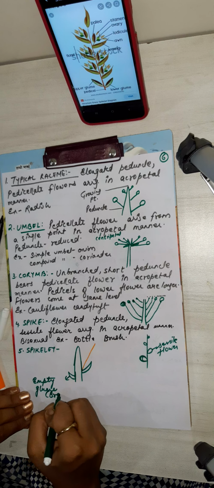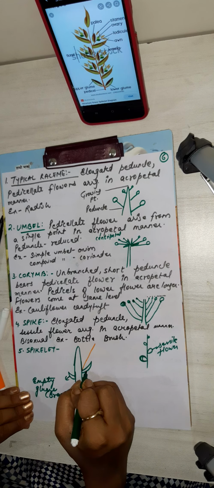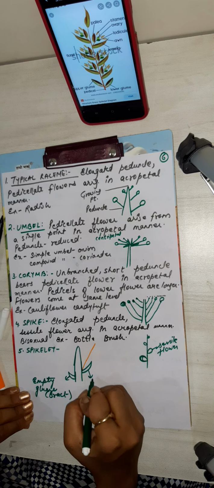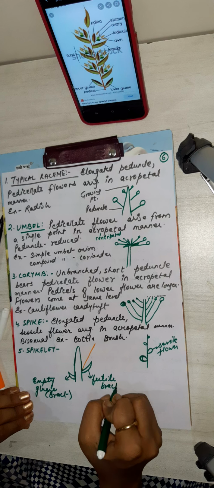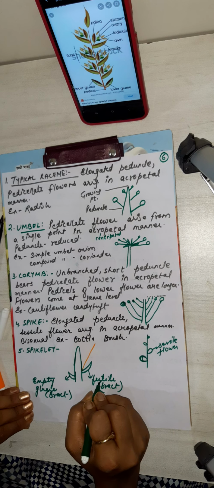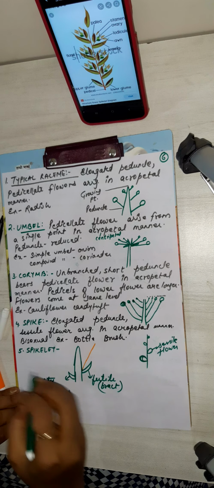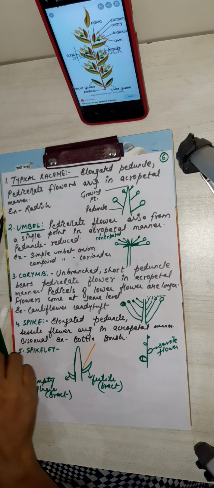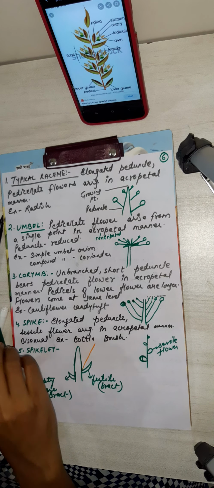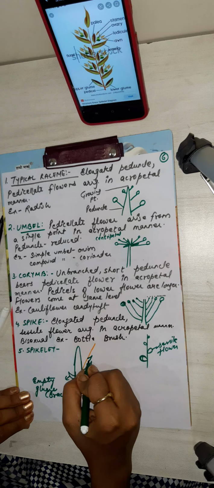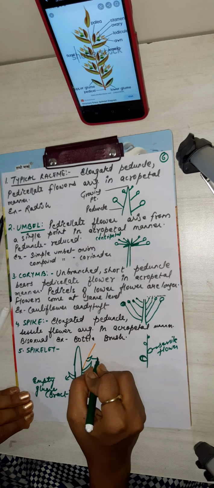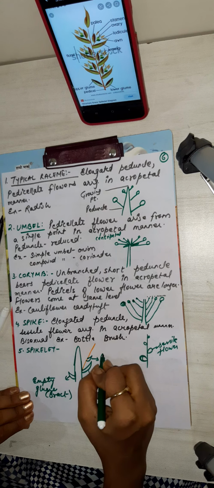This is bract. This is also bract but fertile. Fertile bract, and from here there is a bracteole, which is known as palea.